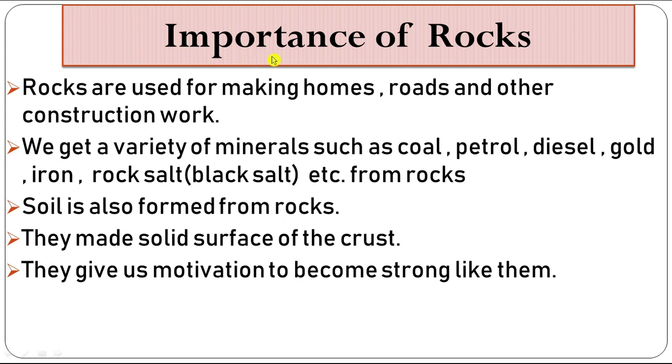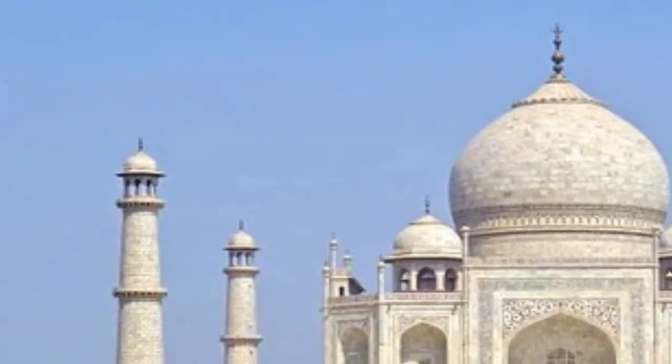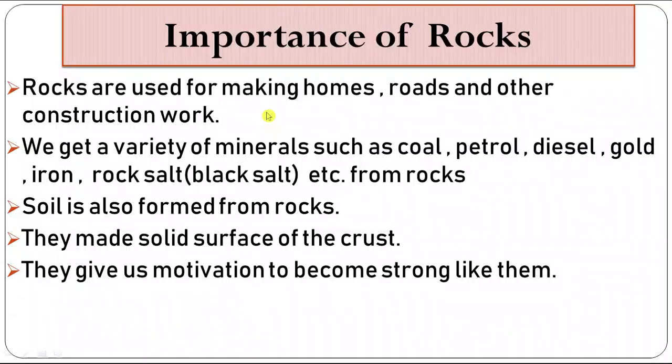Students, we have studied about different types of rocks in this chapter. Now let's see what is the importance of these rocks in our life. So let's see, first of all they're telling us that rocks are used for making homes, roads and other construction work.